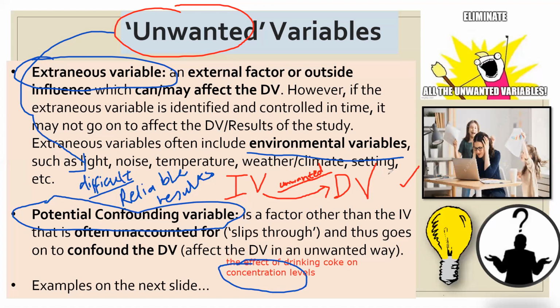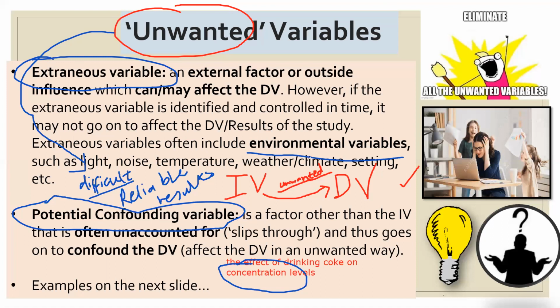Obviously, when it's too hot in a classroom, students can't concentrate. They're sweating, it's hard. If the light is not on, there's not enough light. Some students might not be able to see the test questions very well. If there is too much noise coming from the next class or from outside, you get distracted. So your concentration is affected as a result of that. So those are all extraneous variables, okay? Potential confounding variables are different though.